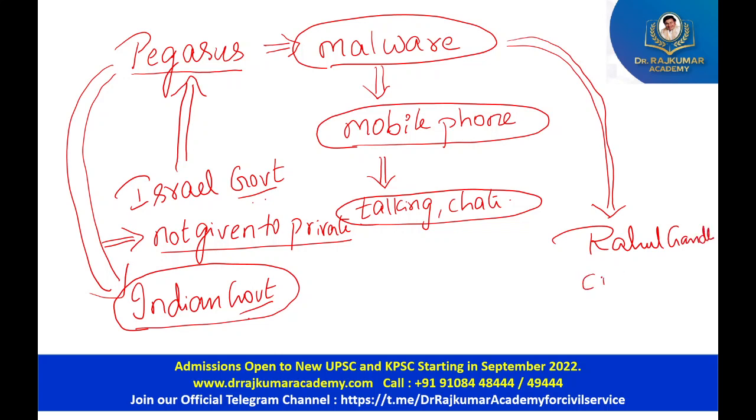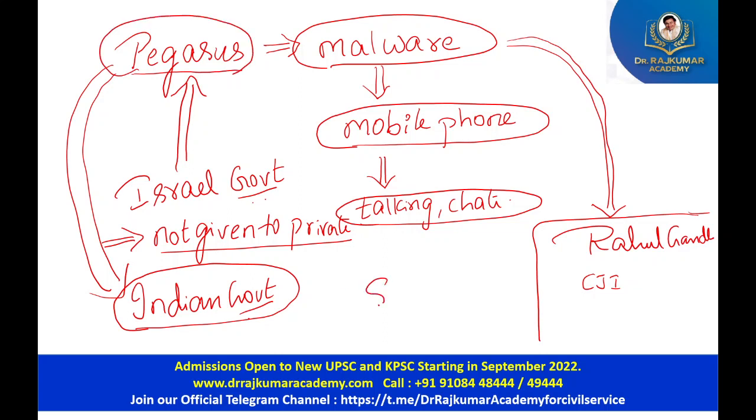Certain cases associated with the CJI. So, the government tried to use Pegasus malware against these people, is what the opposition claimed. But the government was telling there was no misuse of Pegasus.